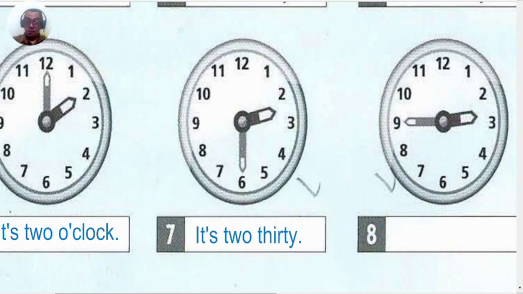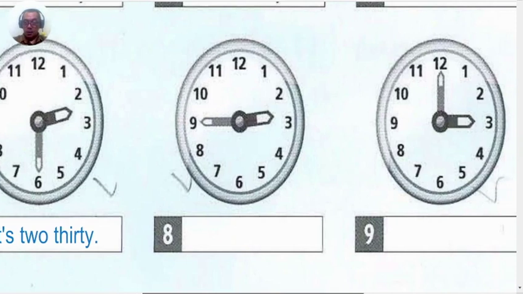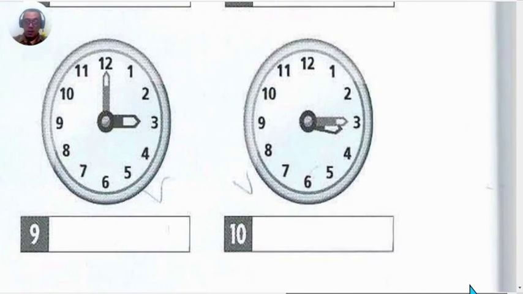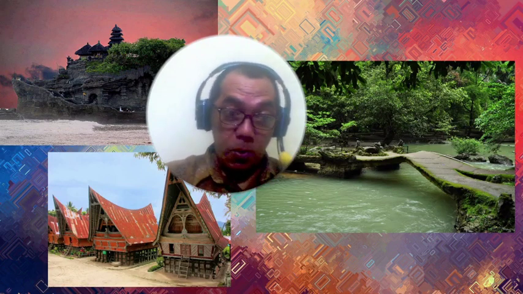Is it? 7, It's 2:30. What about number 8? What about number 9? How about number 10? Well, you have it in Edmodo. Okay? You have it in Edmodo.